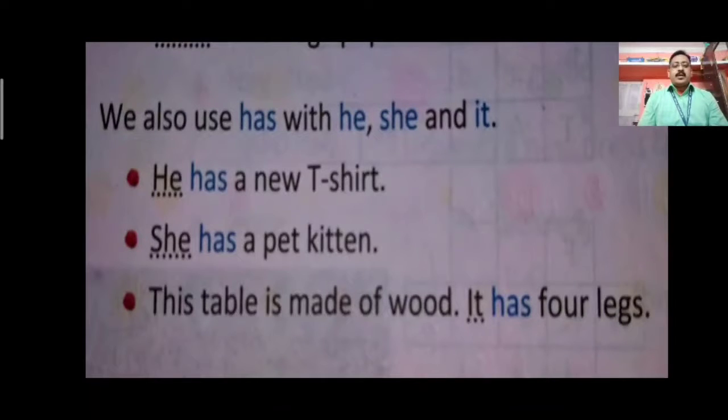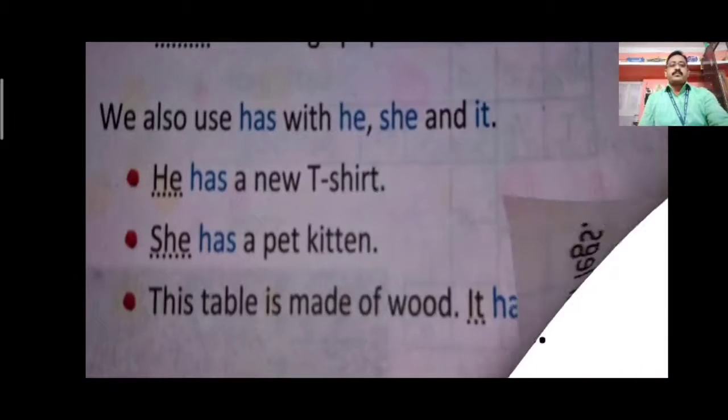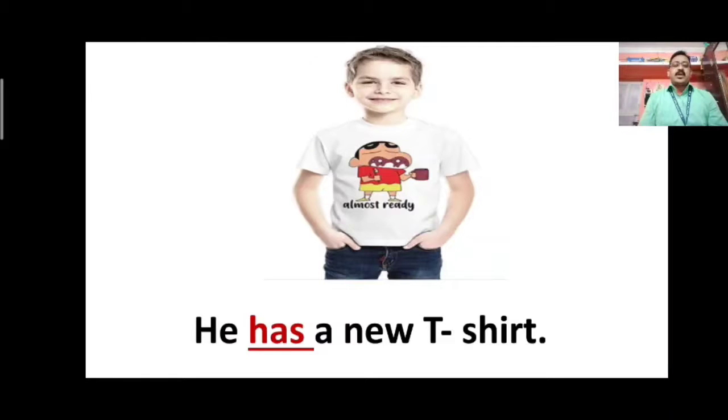We know it is used if the subject is a non-living thing. So it has 4 legs. So it is also singular. So we have to use has as a helping verb. Now you can see here the pictures of those examples. He has a new t-shirt.